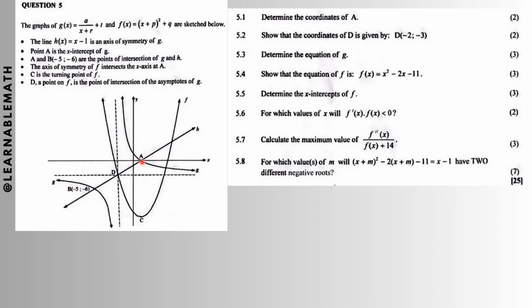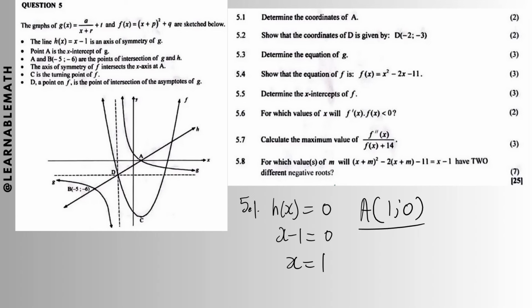It's cutting the x-axis on the graph of H. So I can get the x-intercept of h of x by letting y equal 0. So basically for 5.1, I'm just going to let h of x be 0 and solve for x. So x will be 1, and you can see point A will just be (1; 0) there.